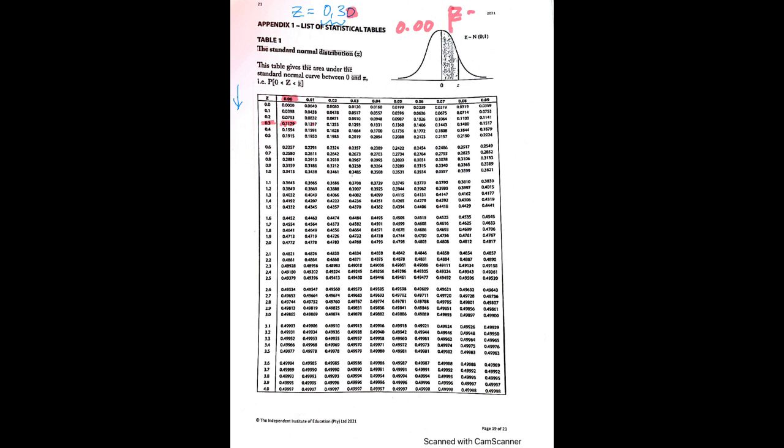So now we can take that, P is equal to 0.1179. We will now take the 0.1179 back to the question, and we're going to apply the rule. So here you're going to say P is equal to 0.1179.